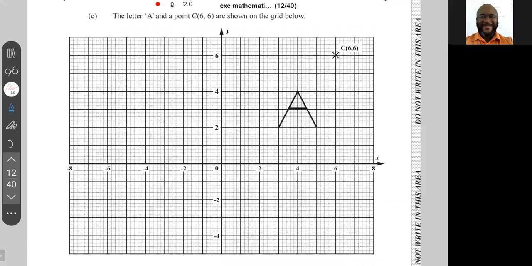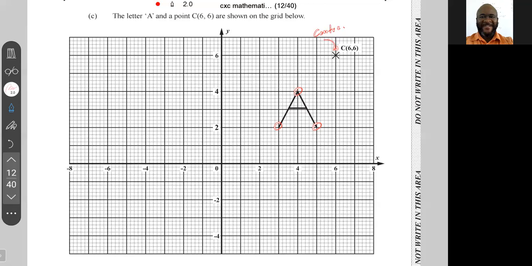Guys, this is how I tell my students to do the transformation, enlargement. We're going to use the fact that whatever is the distance from the center to the object, to get to the image, I'm going to double that distance.